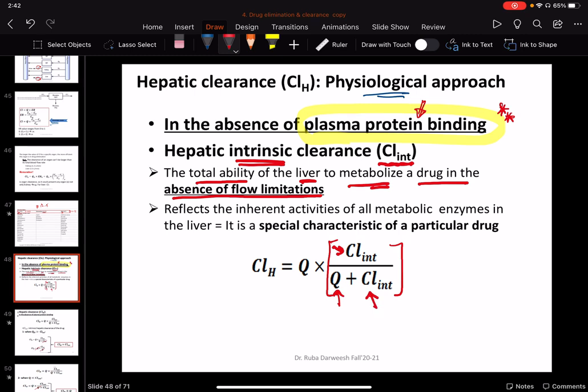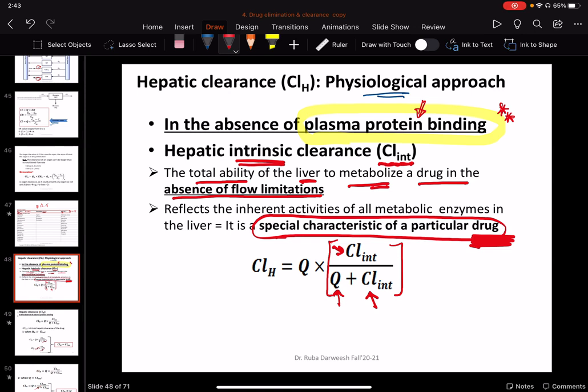And for sure, the intrinsic clearance is related to a certain drug, because the metabolism of drug A would be different than metabolism of drug B, and the intrinsic clearance of drug A would be different than the intrinsic clearance of drug C, right?